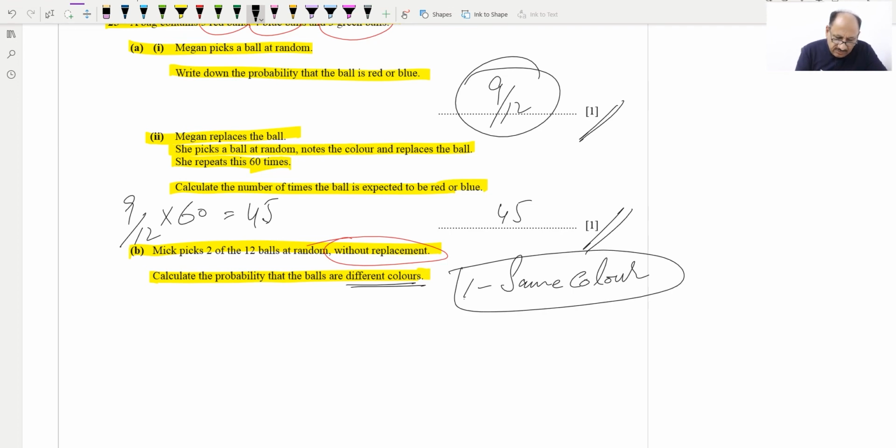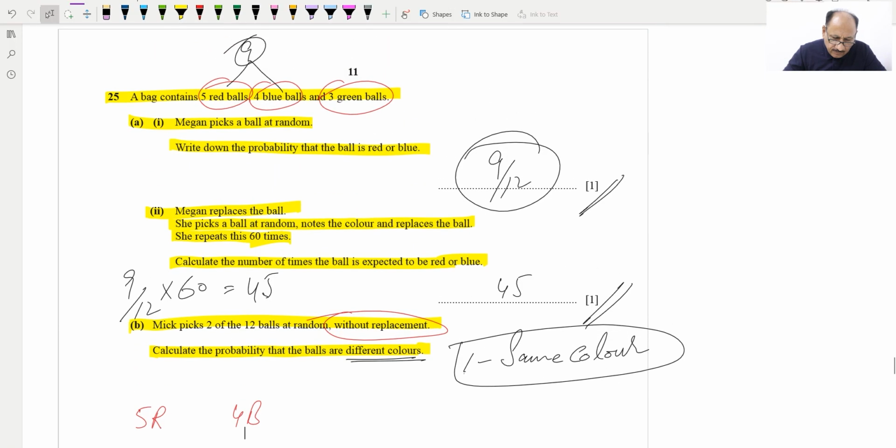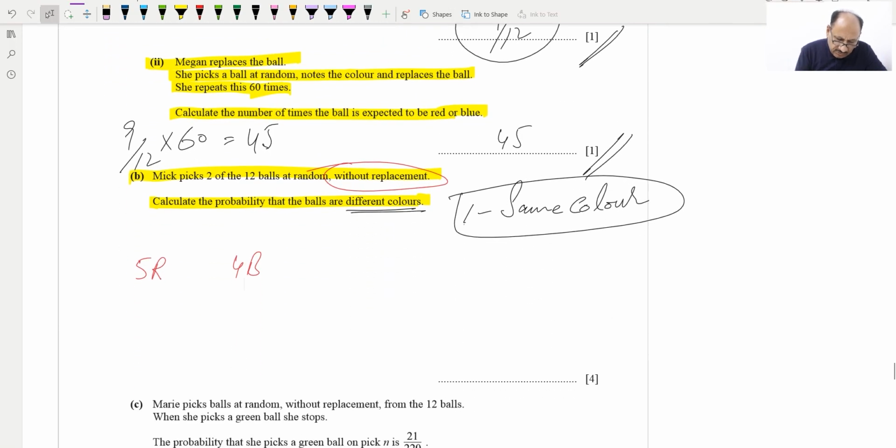Now what can be the same colors? We know that we are having 5 red balls, 4 blue balls, and 3 green balls. So same color can be red and red, or blue and blue, or green and green.